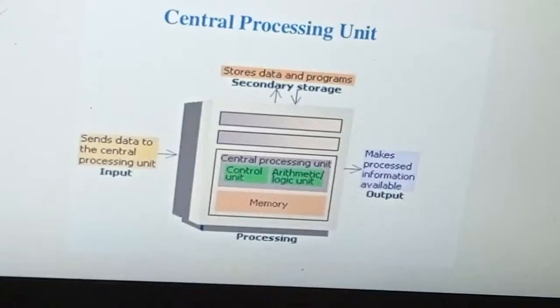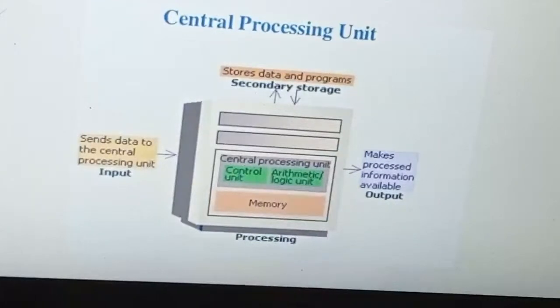Now coming to input devices. Input devices only allow for input of data, which the CPU processes and sends the output to the output devices.